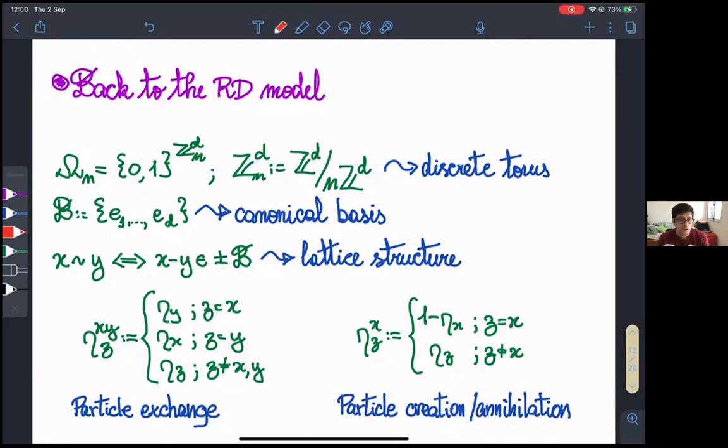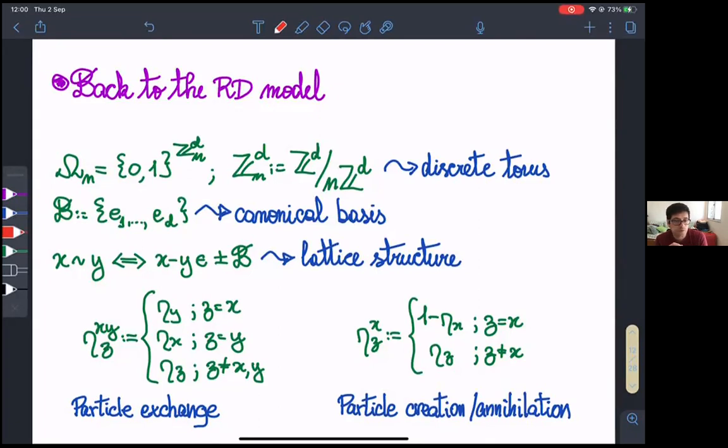Let me call B the canonical basis on Z^d or also on Z^d_n. Both sets are abelian groups, so the canonical basis is the same for both.